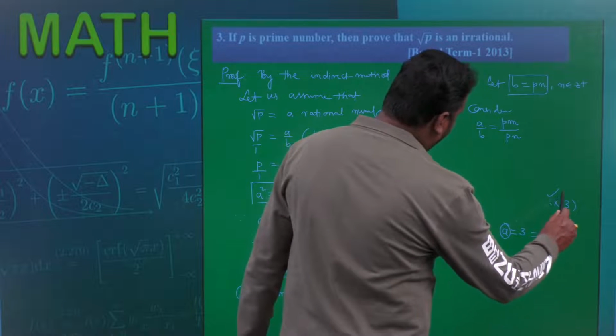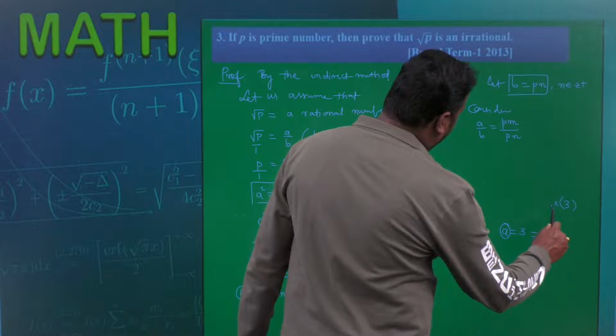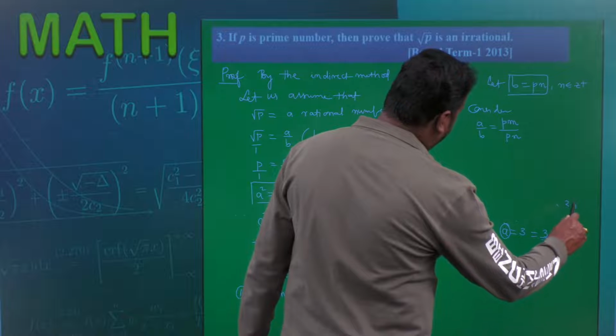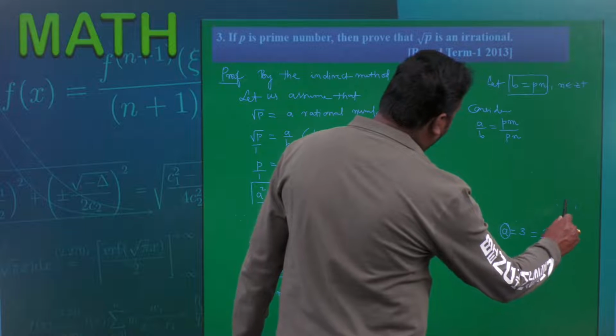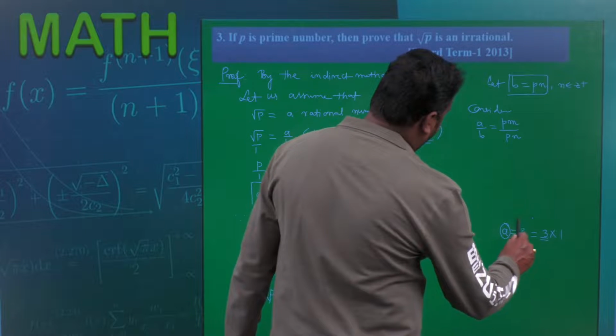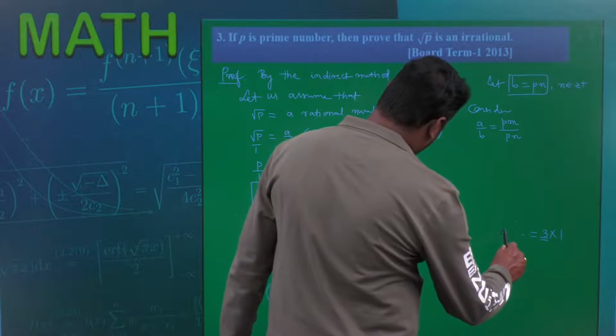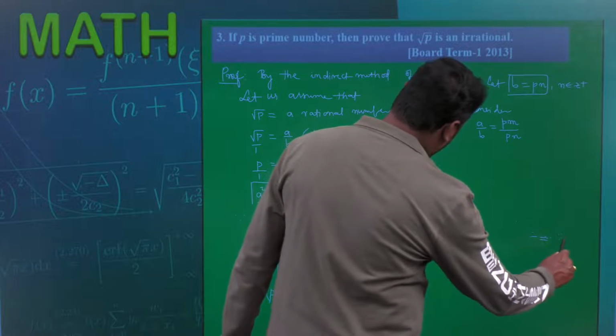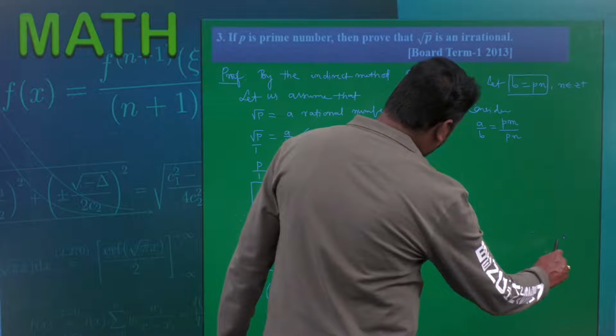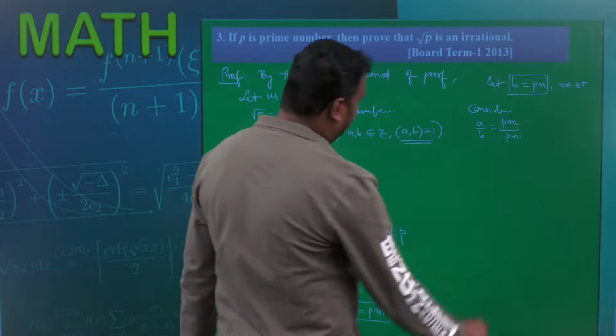But before you cancel that, you have to understand one more thing: what is the HCF of pm and pn? The HCF of pm and pn is p, because p is the common factor of both the two numbers pm and pn.